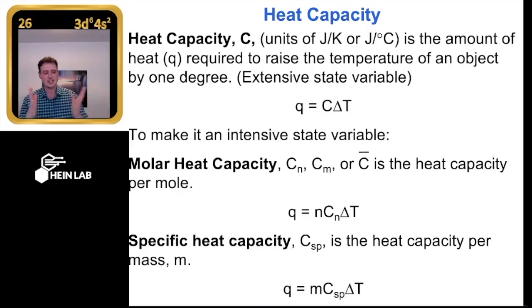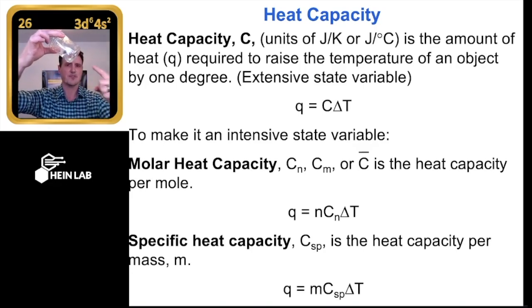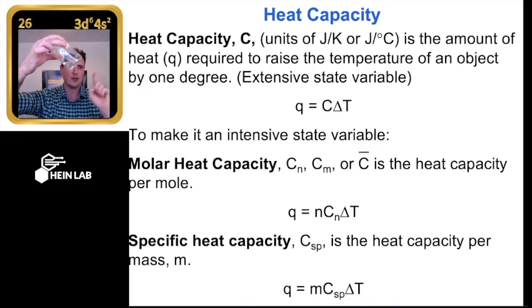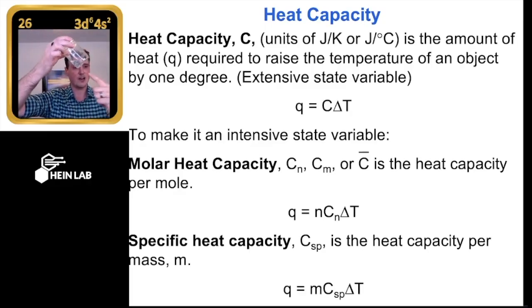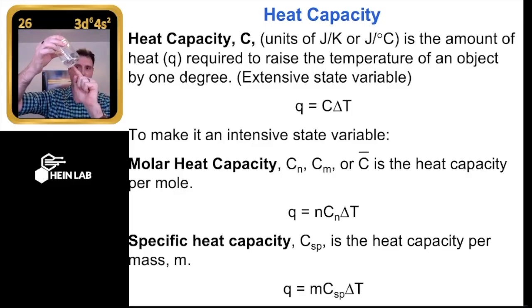So, saying this out, if I had a glass of water, I can measure for this water, I have no idea how much there is, but for this water, I could measure how much heat is necessary to change it by 1 degree. That is the heat capacity. If I want to know the molar heat capacity of water, I take this C value and divide it by how many moles of water are here.